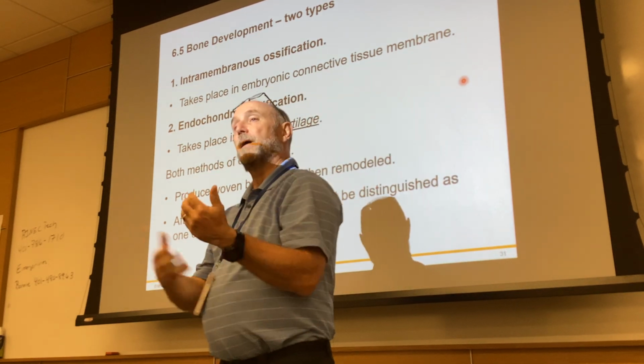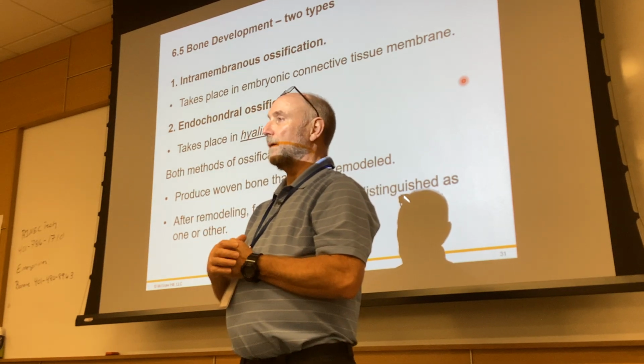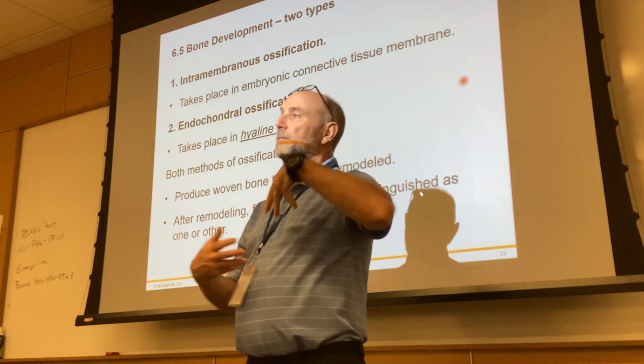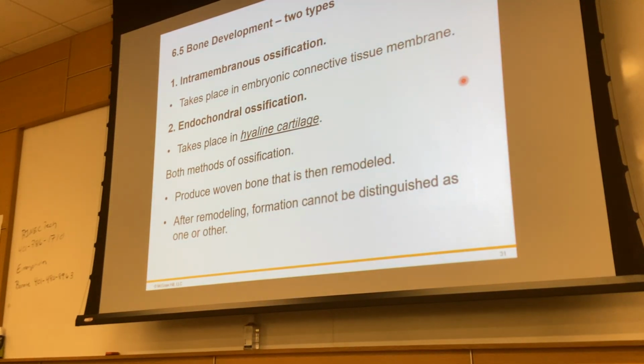And then finally, we'll talk about how bones malfunction, if you will. When I'm talking about malfunction, I'm not talking about breaking. I'm talking about long-term chronic malfunctions of calcium imbalance. So let's start with bone development. There's 2 types here: intramembranous and endochondral. The first term, intramembranous, means within a membrane. What are 2 membranes that we've talked about so far? There's periosteum and endosteum.